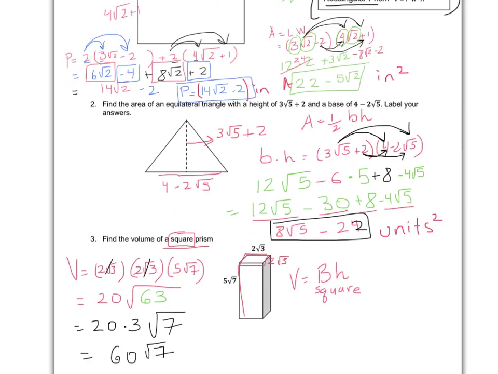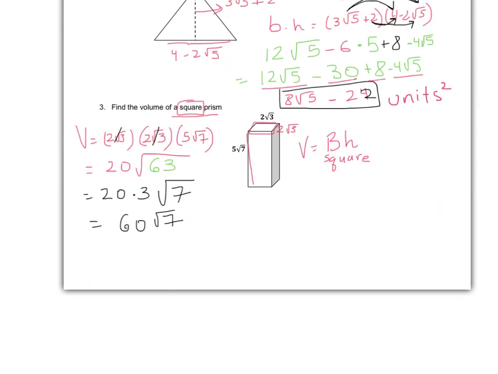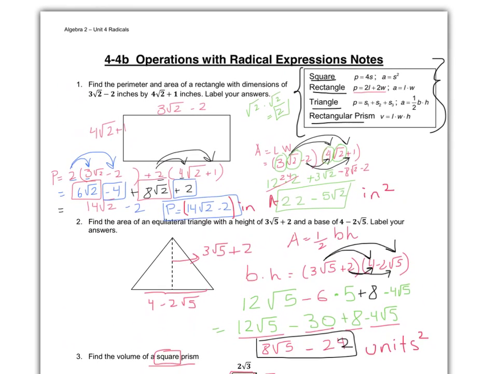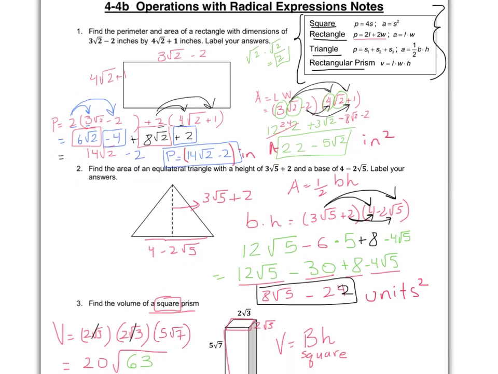Now the volume is going to be units cubed, since we're multiplying 3 things together, so it's a cube. The area, since we are multiplying 2 things together, would be a square, but for the perimeter we are adding, so it would be just inches. So that is for 4.4b, operations with radical expressions.